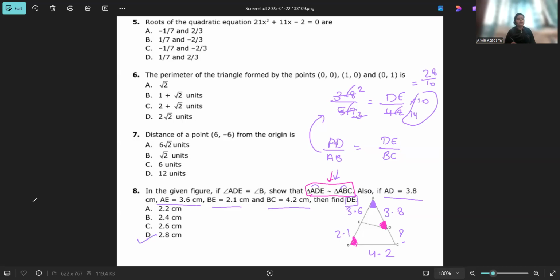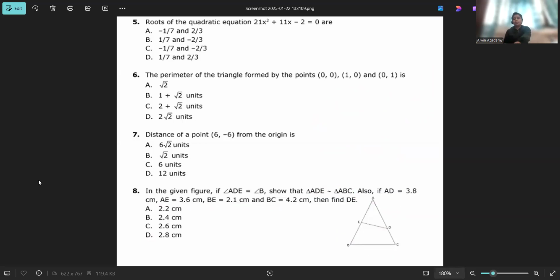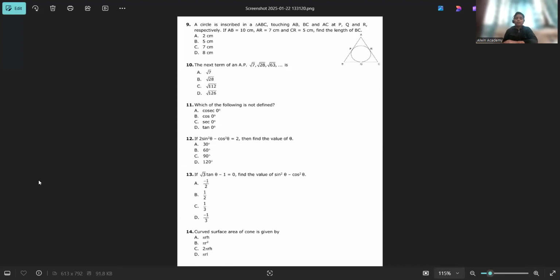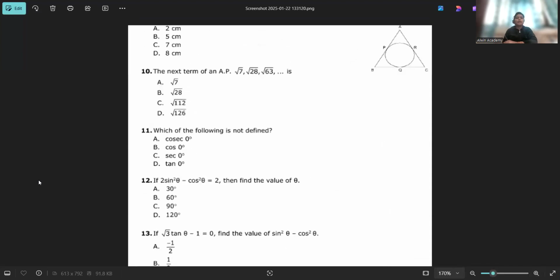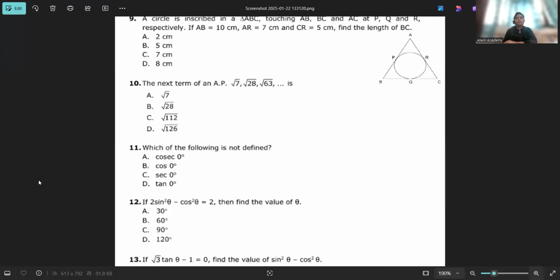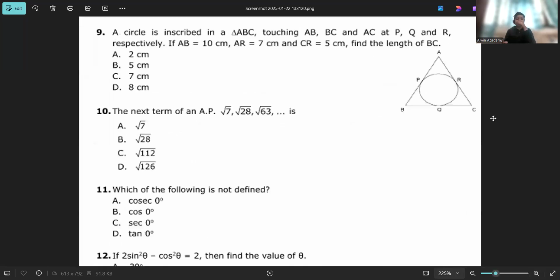Going to the next question, we have a circle inscribed in a triangle ABC touching AB, BC, and AC at P, Q, and R. If AB is equals to 10, AR is 7, and CR is 5, then we have to find BC. Now see, this length is 7 given to us.